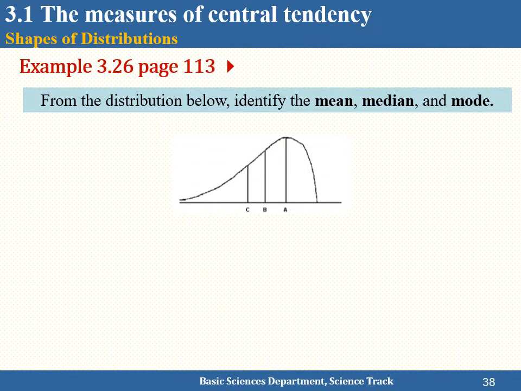Now let's look at this example. From the distribution below, find the mean, the median, and the mode. The first thing you have to notice is that this is left skewed. So if it is left skewed, then we have an ordering. The top one always goes to the mode. Mode is the most repeated one, the most frequent, so it will have the highest frequency.